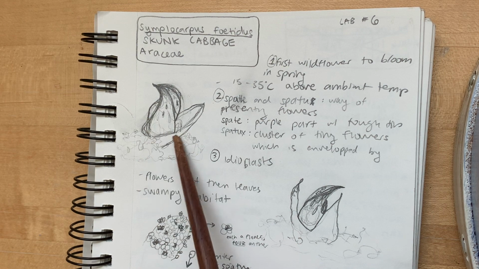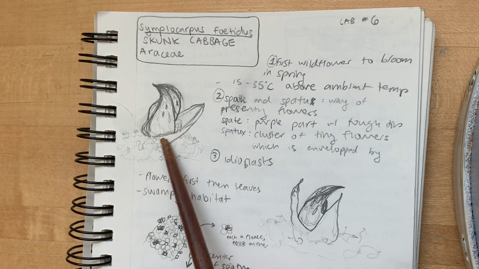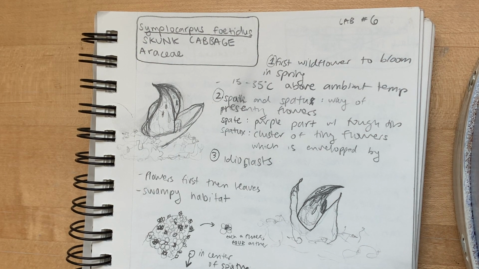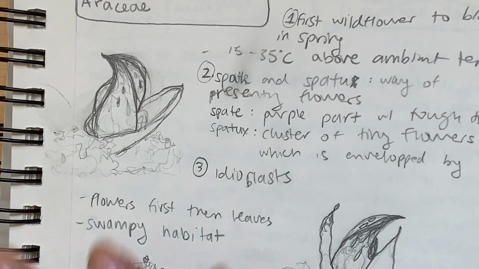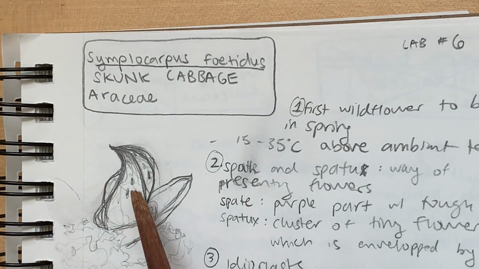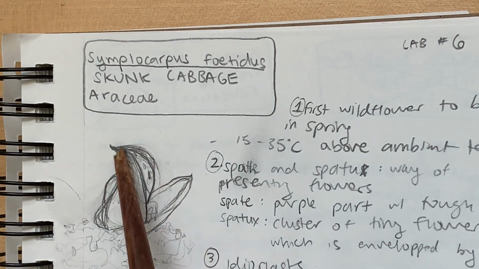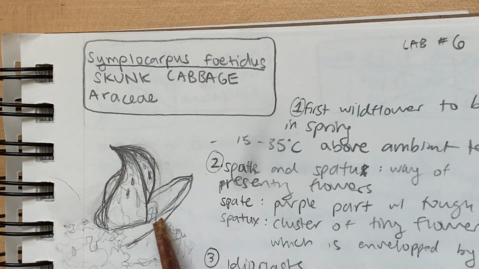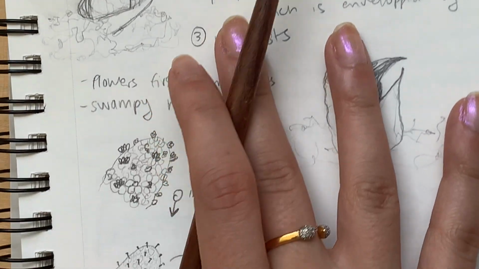And they're actually toxic. So this outermost layer is green, typically. And then as you get closer inside, it turns purple and has spots and speckles across it, and has these beautiful arching shapes to it.